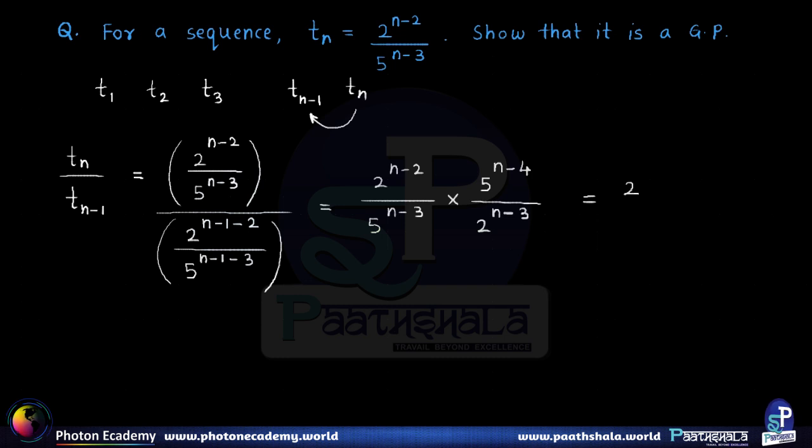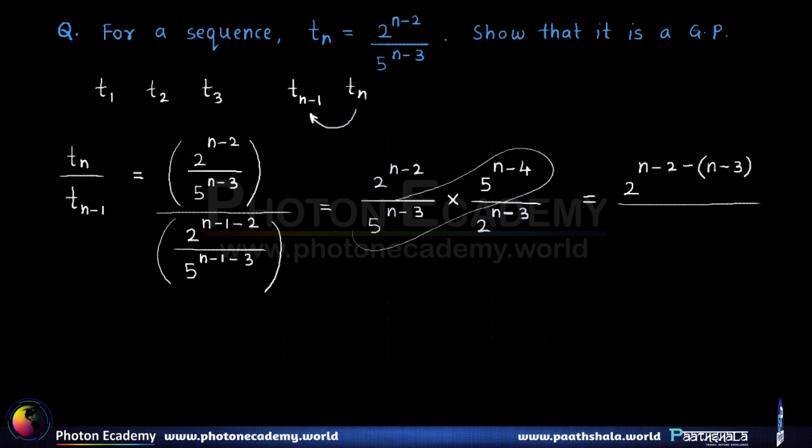So what happens is 2 raised to n minus 2, and from that the degree in the denominator gets subtracted, that is n minus 3 will get subtracted, divided by, let's do clubbing of the terms which have base 5 and write them in the denominator. So here it will be 5 raised to n minus 3 minus n minus 4.